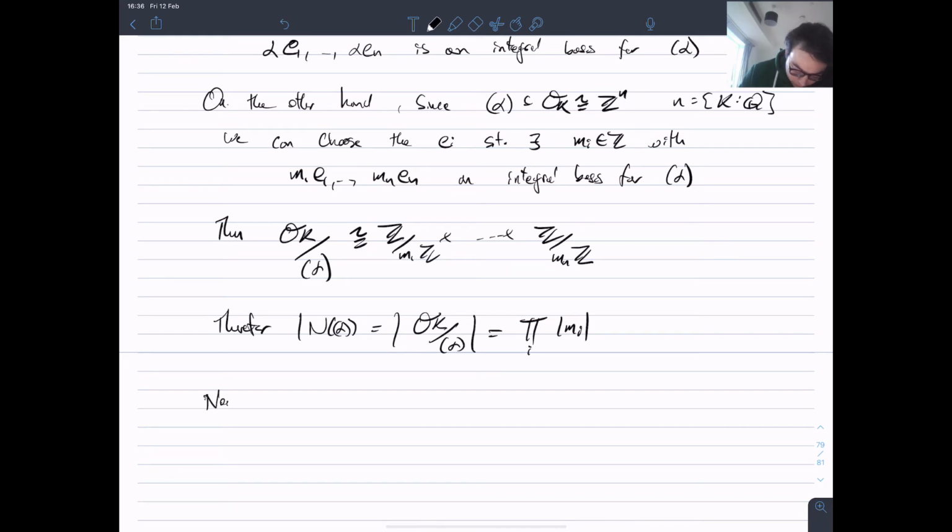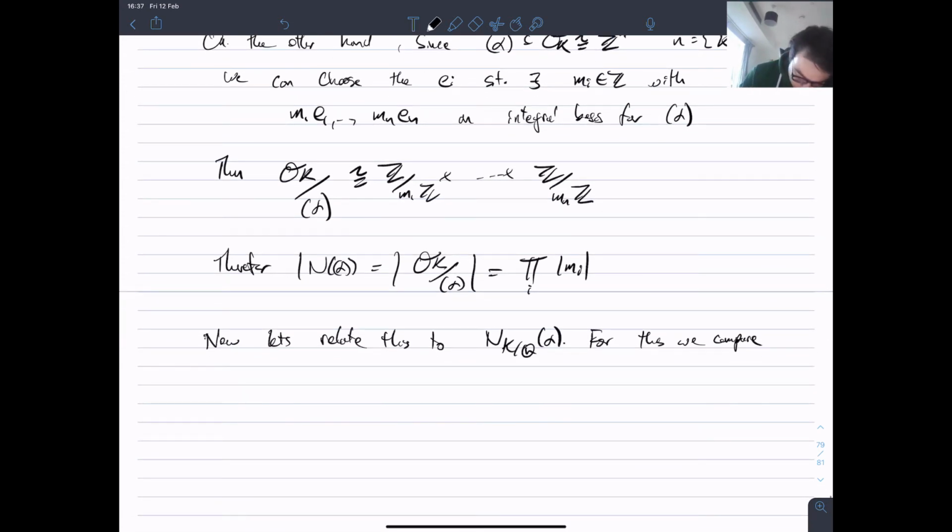Cool. So now we need to relate this number to the norm. So now let's relate this to the norm from K to Q of alpha. Let's look at all these bases that we've written down and compare them.